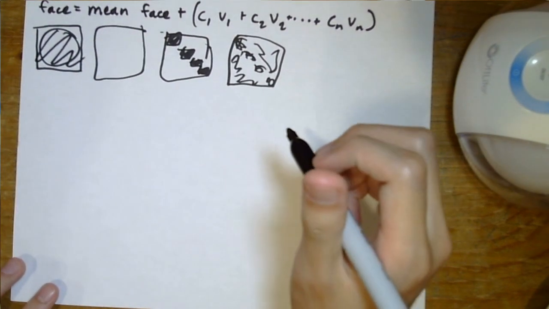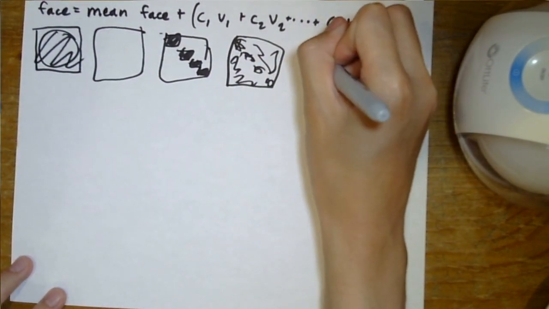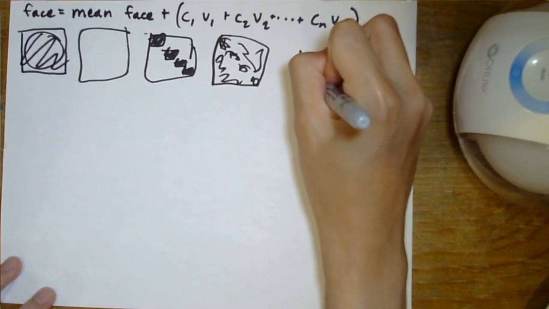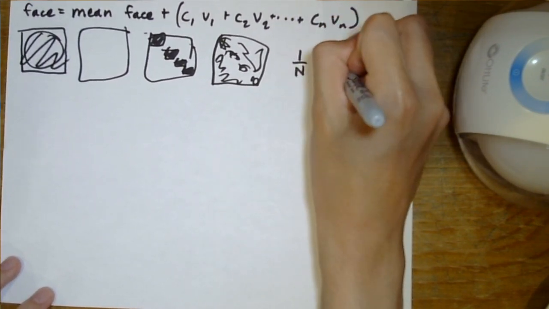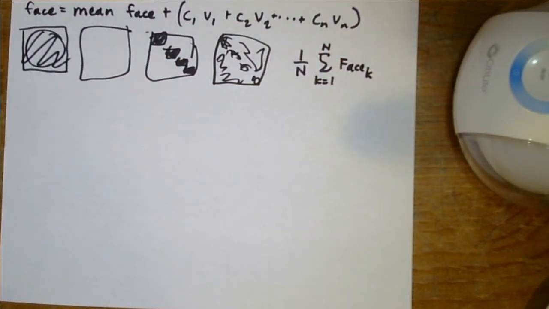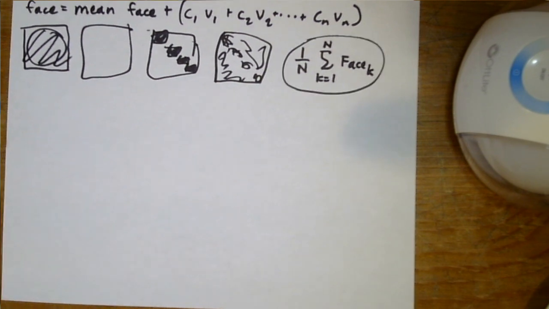It's just the average of the sum of all our face vectors, or even face matrices. It doesn't matter at this stage whether your data is in matrix or vector form. So yeah, that's the mean face.